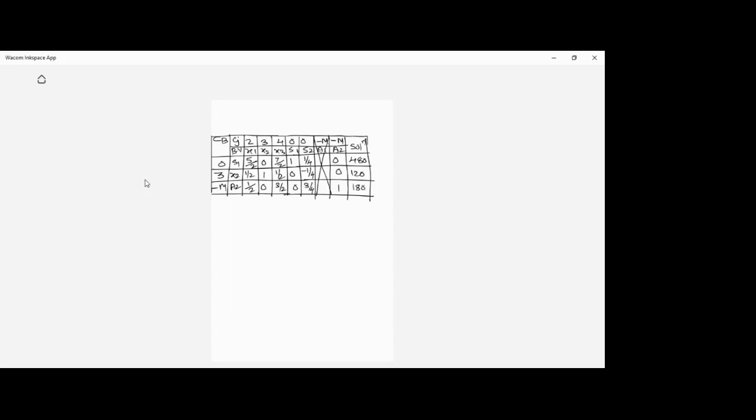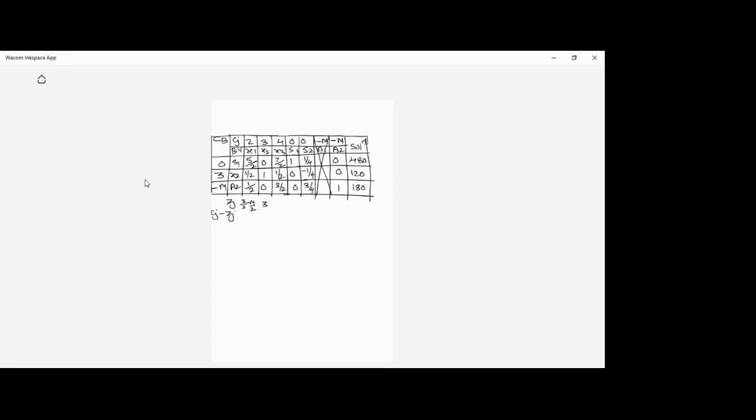So I can calculate the Zj values and Cj minus Zj values, right? So the Zj value will be 3 by 2 minus m by 2, right? Nextly, it will be 3 only, right?